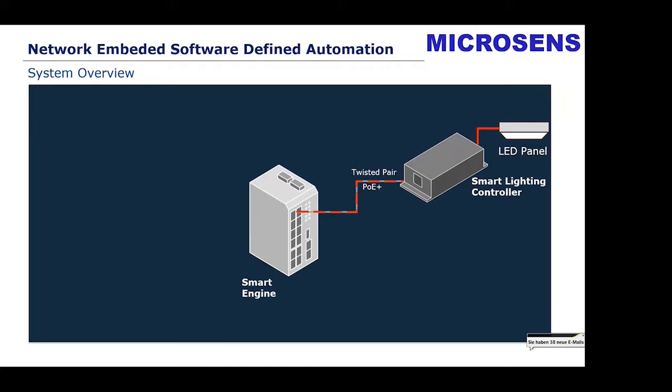The smart lighting controller is able to drive an LED panel on its output, and power and data are delivered over the switch, so that you have only this one patch cord from the switch to the smart lighting controller for the cabling, and on the other side, you can run conventional LED.